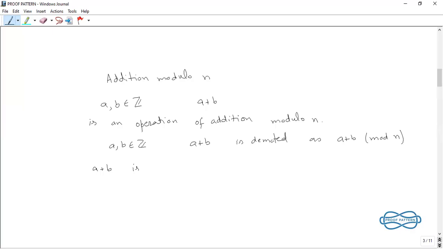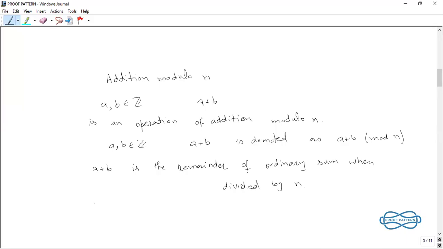Whenever we add a plus b modulo n, the result is the remainder of the ordinary sum when divided by n.